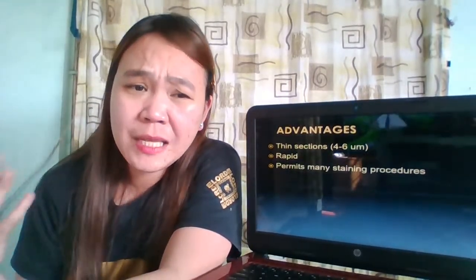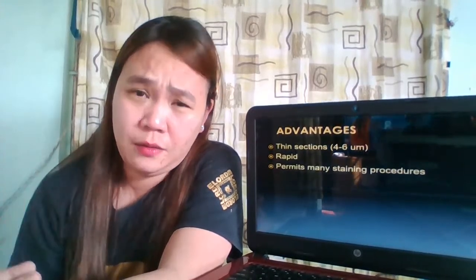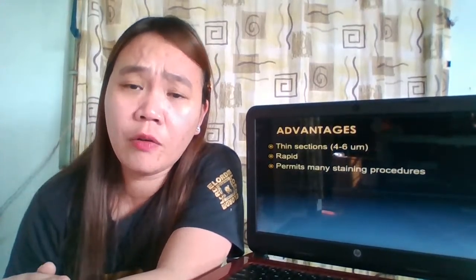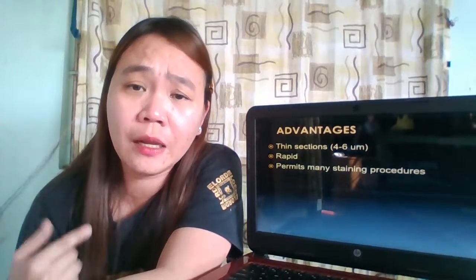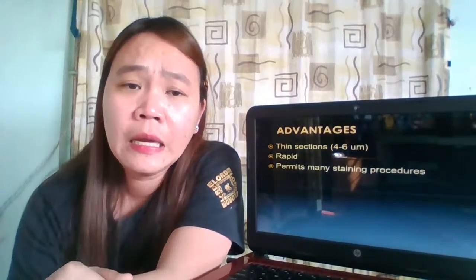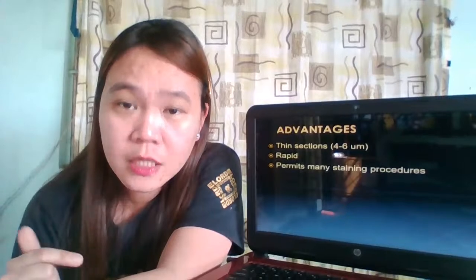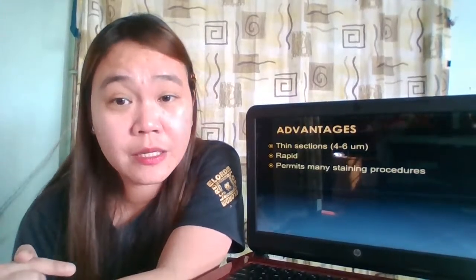So please take note that for routine study of your histologic and histopathologic sections, the required thickness is 4 to 6 micrometers.